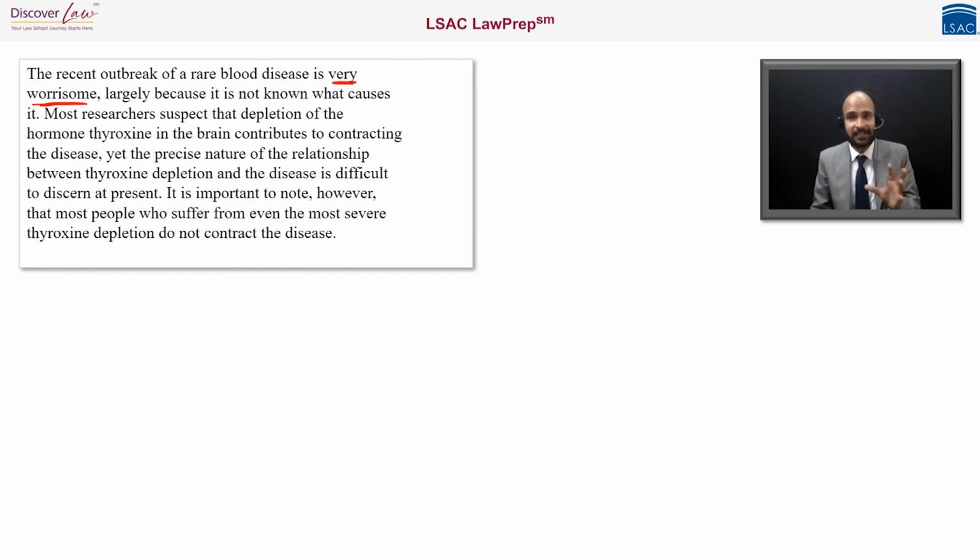And this points to me something very relevant in terms of understanding the structure of the argument. You can see here that when someone says something is worrisome, it reflects an opinion. Okay? And an opinion is important to me because this makes it very likely that this first line is the conclusion of the argument. Now, as I go ahead, I might find that the conclusion is probably not this.